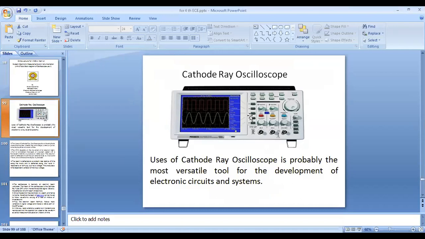applications? With this CRO, we can measure the voltage, current, and power, and also we can measure the frequency and phase of the applied signals.